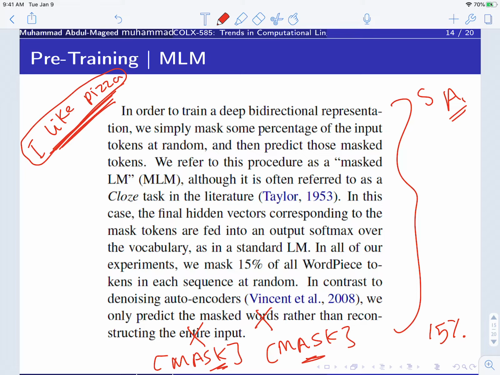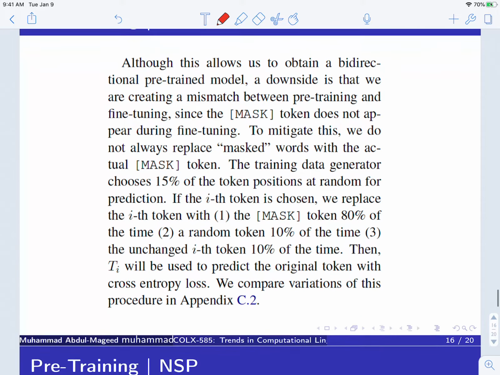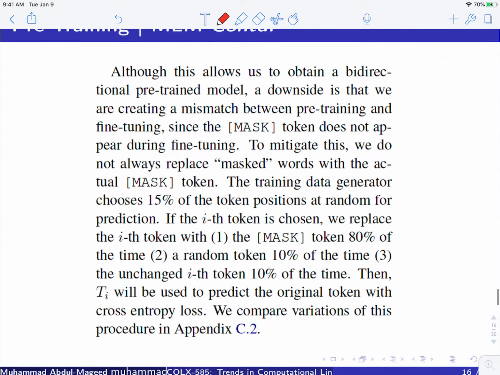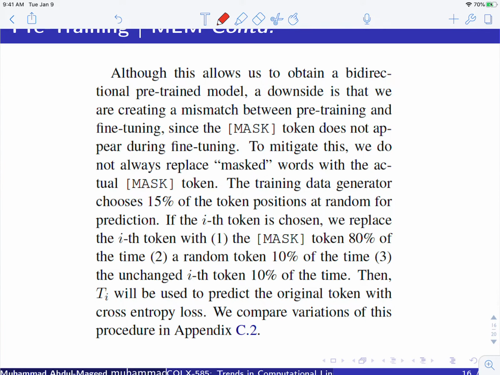Then they said, okay, we will still choose 15% of the sentence, but we will not mask the whole 15%. This is in the next slide, and you can read it carefully, but I'm just going to summarize it for you. They said we will pick 15%.